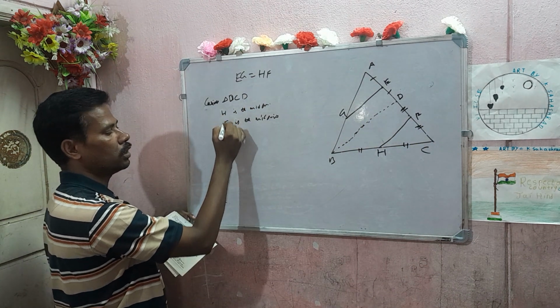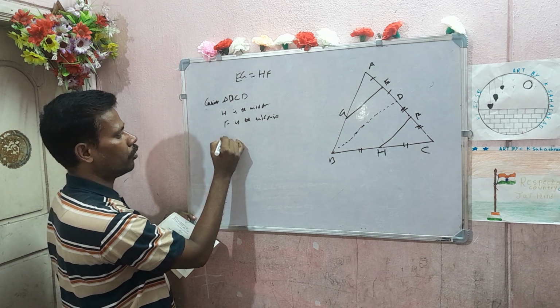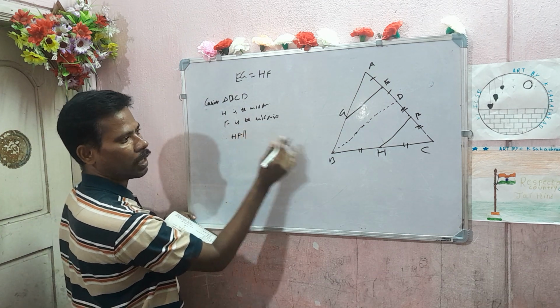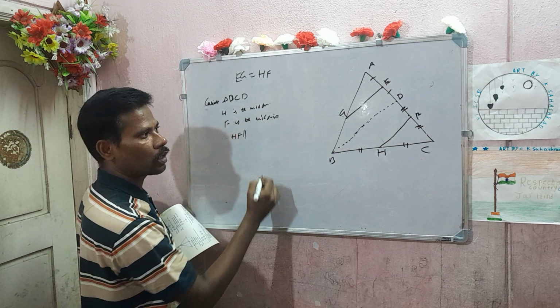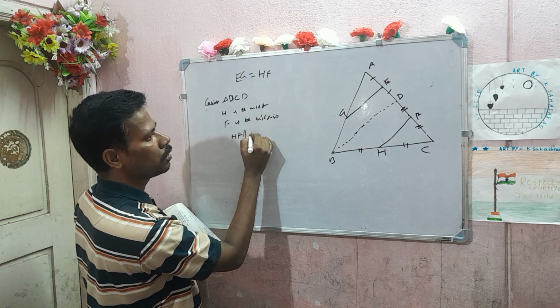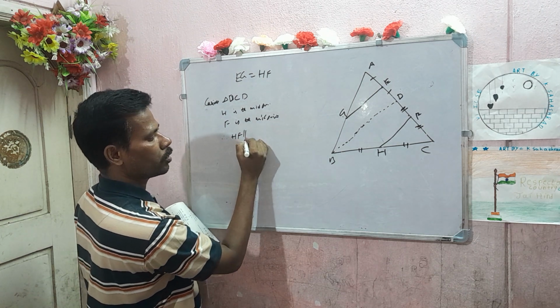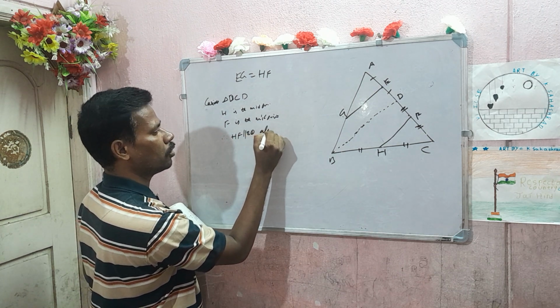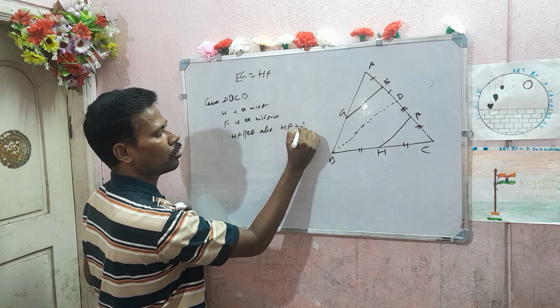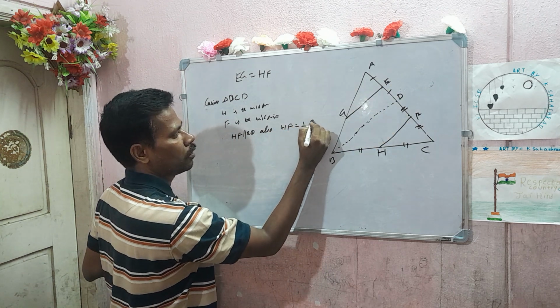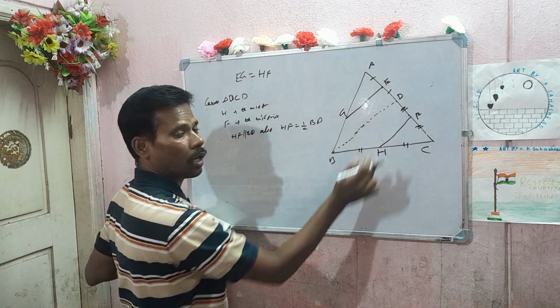Therefore, HF is parallel to BD. Also HF is equal to half of BD.